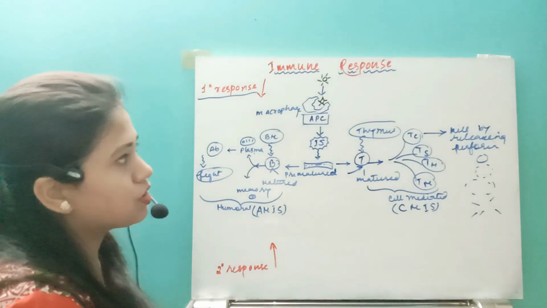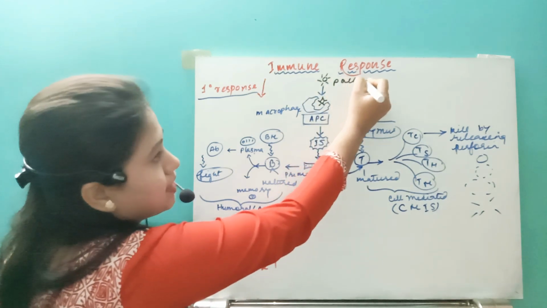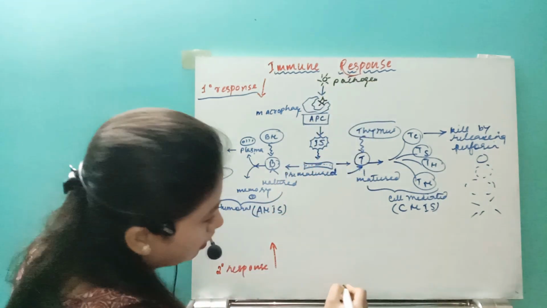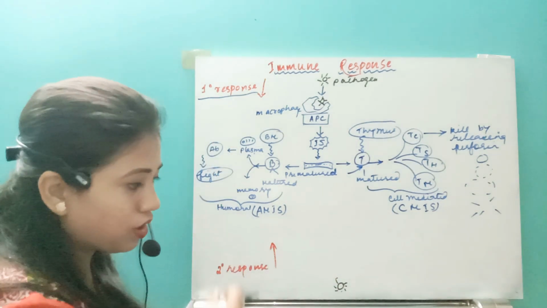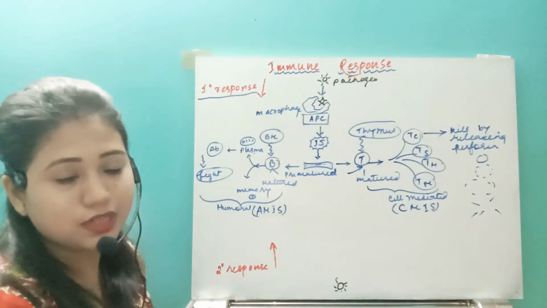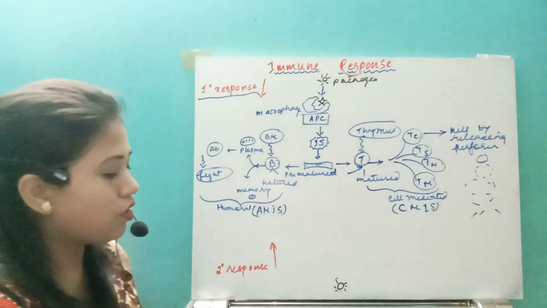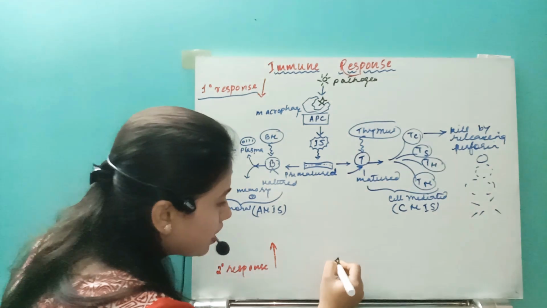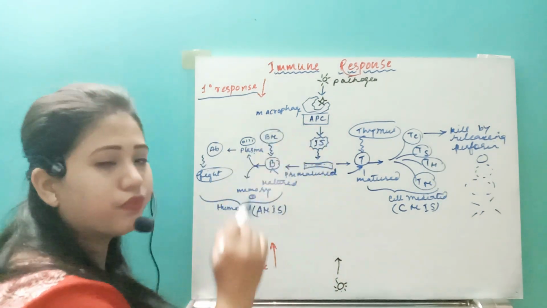Now in the secondary response, see, this was the pathogen, right? This same pathogen is now trying to invade our body, having entered your body for the second time. Whenever it enters inside your body, will these things occur?